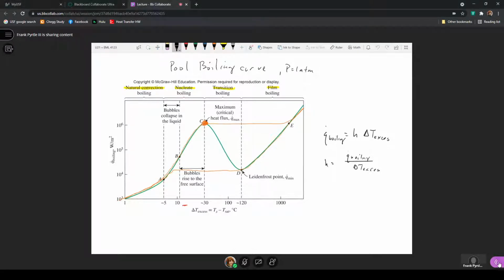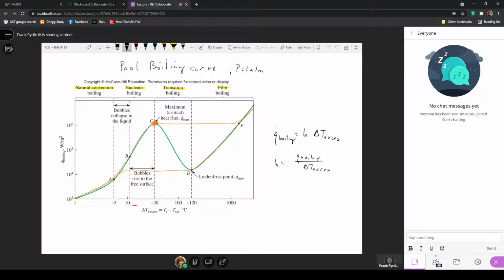Now, unlike in chapters 7 and 8, where we had expressions of Nusselt numbers, dimensionless parameters, for which we could write different types of expressions, whether it was laminar or turbulent, developing or fully developed.